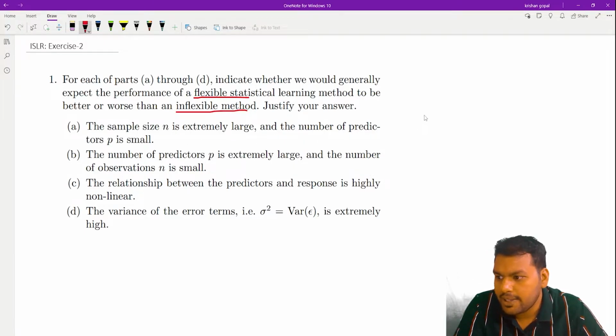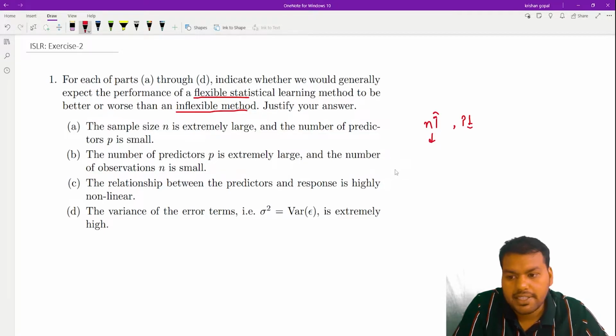It says the sample size n is extremely large and the number of predictors is very small. When we have a large sample size, we can have a chance of error due to variance.